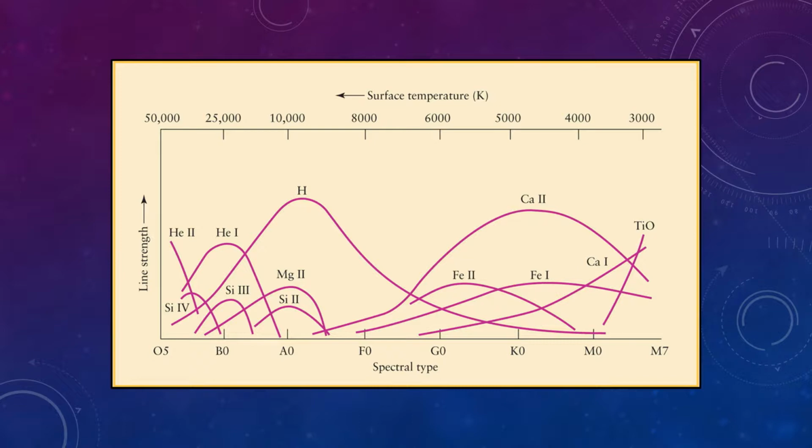Notice how the Balmer lines of hydrogen, that is hydrogen alpha, hydrogen beta, gamma, and delta, are strongest for hot stars of spectral class A. While absorption lines due to calcium, that is Ca, which is over here, are strongest in cooler K and M stars. The spectral type M also has broad dark bands caused by molecules of titanium oxide, which you see here as TiO, which can only exist at relatively low temperatures.